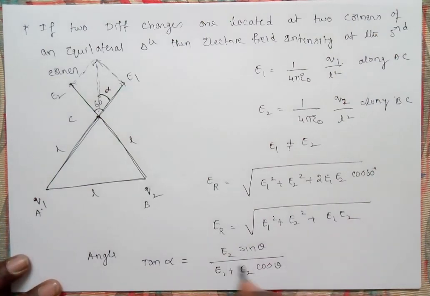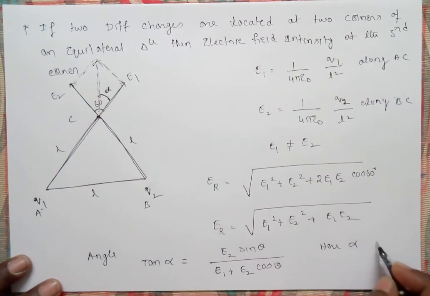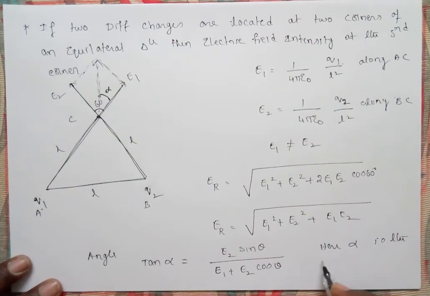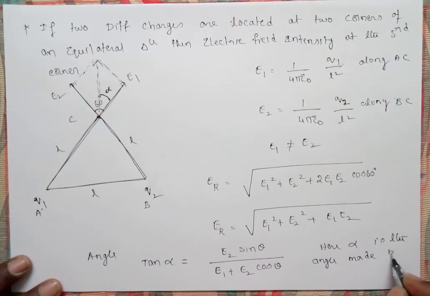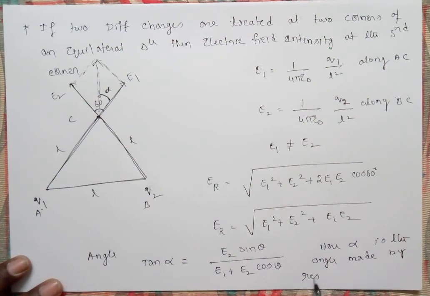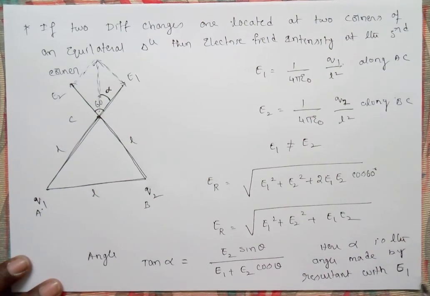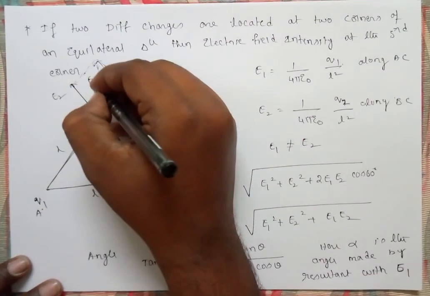Like that we will use this formula. Here alpha is the angle made by the resultant with E1. So this is the resultant with E1.